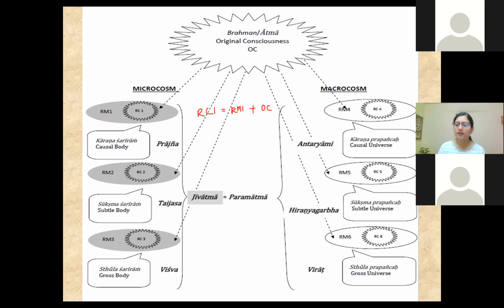Then we have RM6, which is the gross universe, which means everything that you can see around you, the whole creation, except because we have taken RM3, your physical body on one side. Other than that, everything else, all the physical things that you can see on the other side, are they equal in any way whatsoever? No.